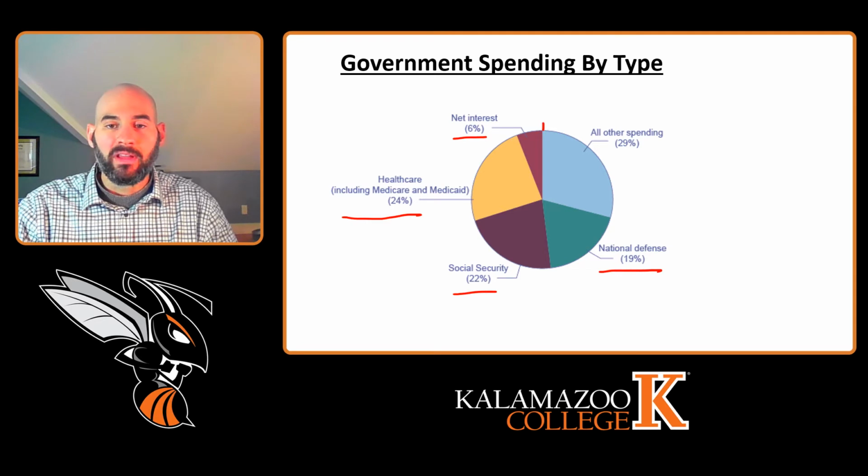And that leaves only this small wedge right here, less than 1/3 of what we spend goes to all other types of spending. So what programs fall in that 29% of government spending?